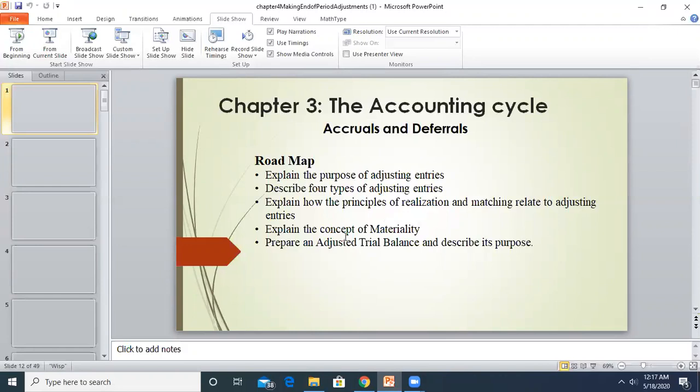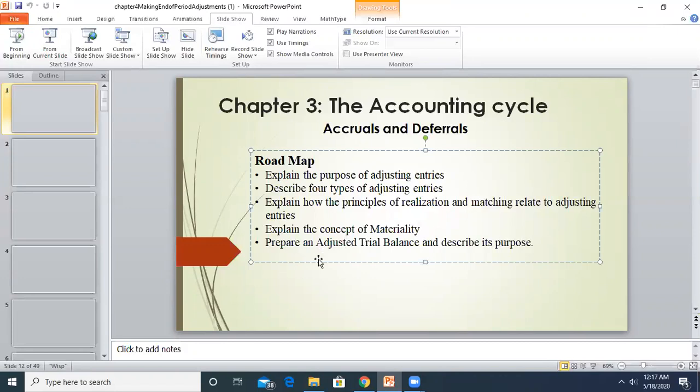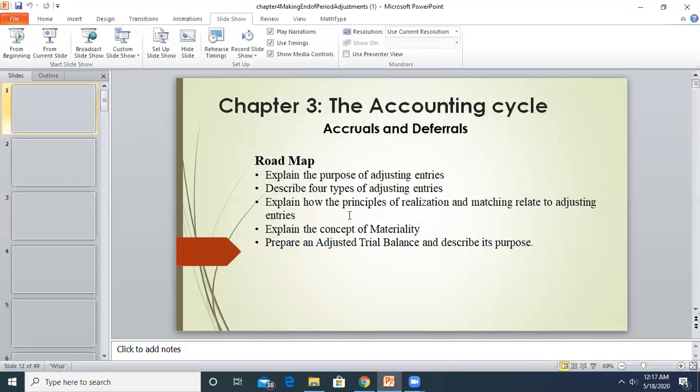Then we have explained how the principle of realization and matching relate to the adjusting entries. Then we had discussed the concept of materiality, and after completion by the end of this presentation and lecture, I would be preparing the adjusted trial balance, and we will describe its purpose.